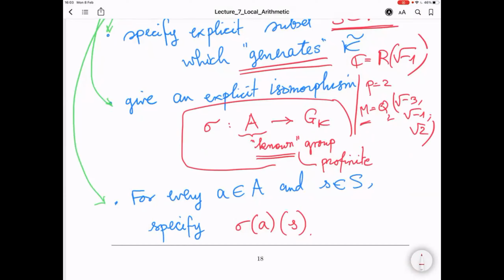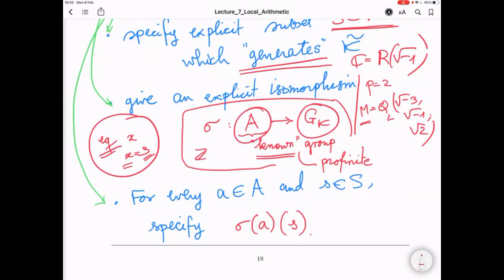So when you solve an equation, you have an unknown X, and finally you say X is equal to 3. So this is a known thing, and this is the unknown, and you have solved the equation. Here is an unknown group. If you have a known group like Z mod 2 or Z hat, Z hat is the group which is the product over L of all ZL, where L, of course, is a prime.